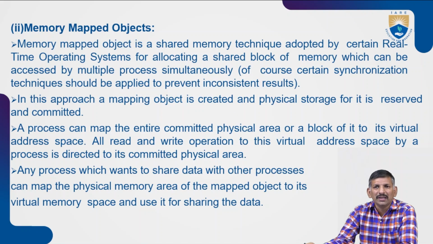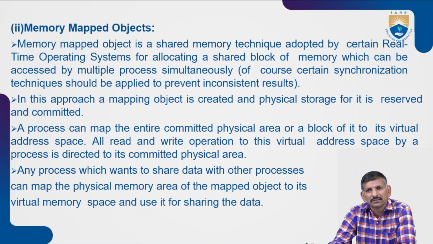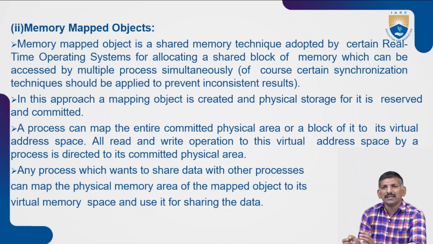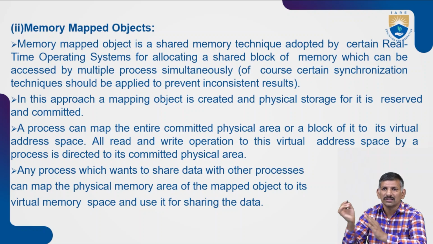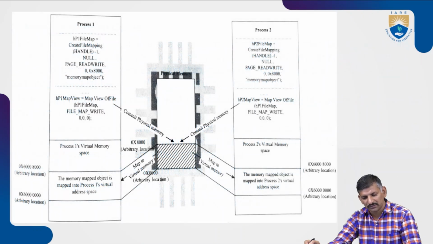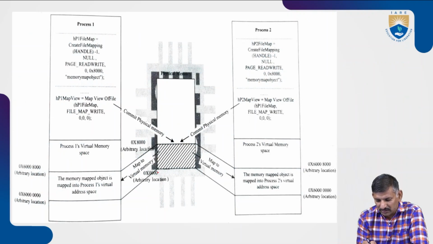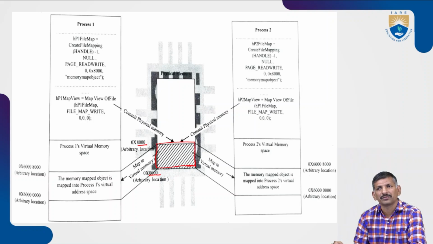Next, memory mapped object. In this condition, some fixed memory space is allocated for sharing the memory. If you see this one, this fixed memory, 4000 to 8000, is defined for sharing the data.